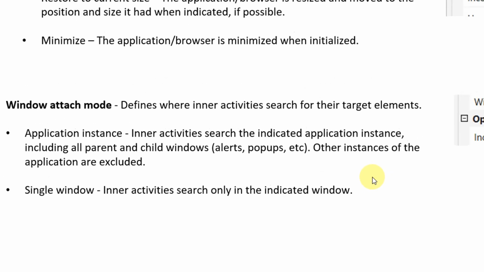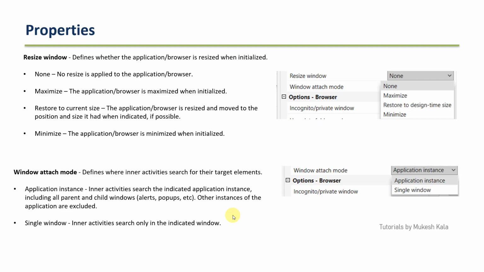So window attach mode has two options: application instance and single window. With single window, inner activities search only in the indicated window. With application instance, inner activities search the indicated application instance, including all the parents and child workflows, including the alerts and pop-ups. Other instances of the applications are excluded.